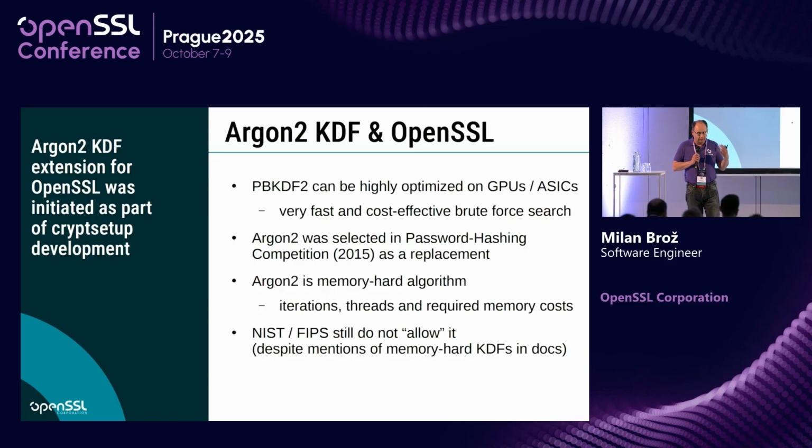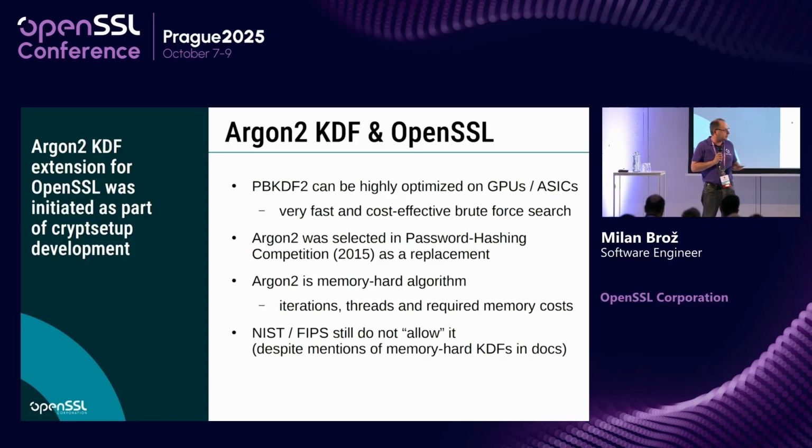The solution for some projects was to just increase the iteration time, but then it means, for example, you will wait 1 minute for unlocking, and it still will not solve the problem because GPUs can run millions of tries per second. The same problem existed for password hashing.